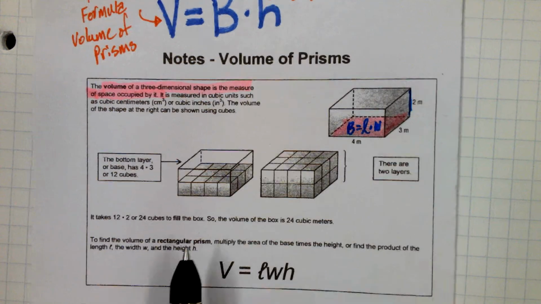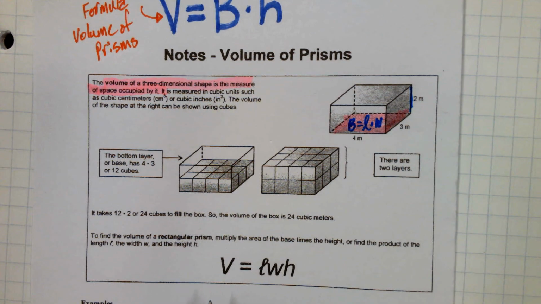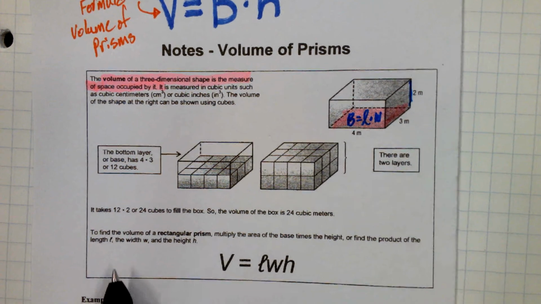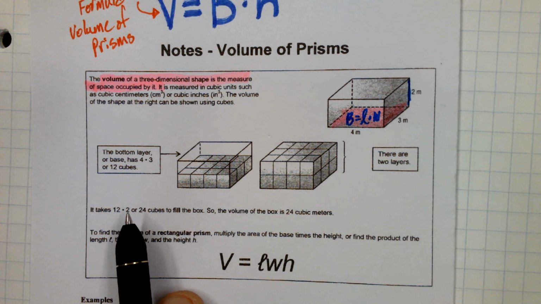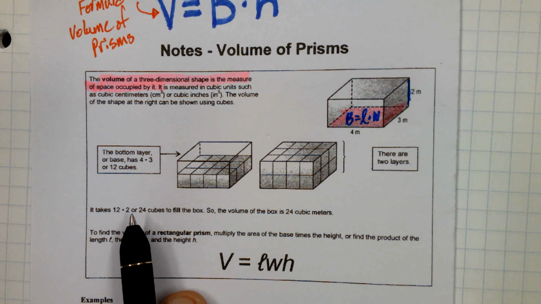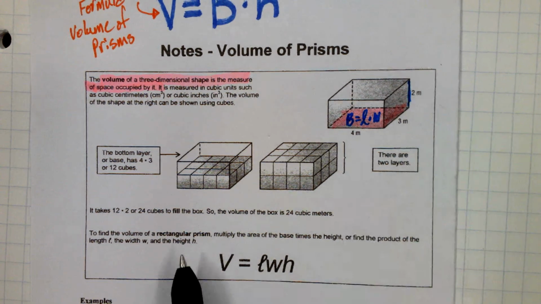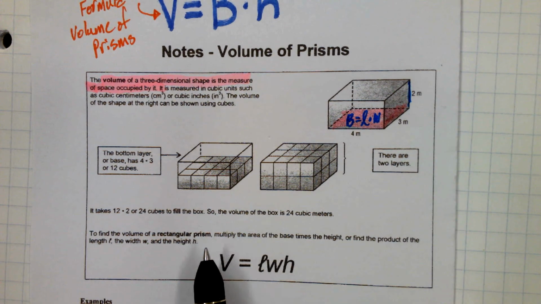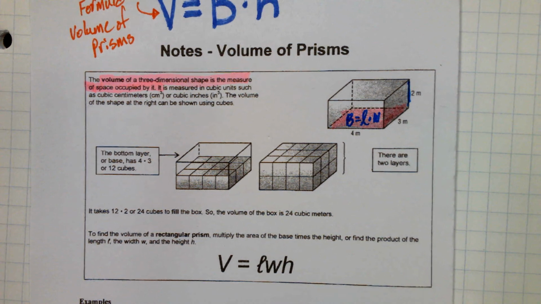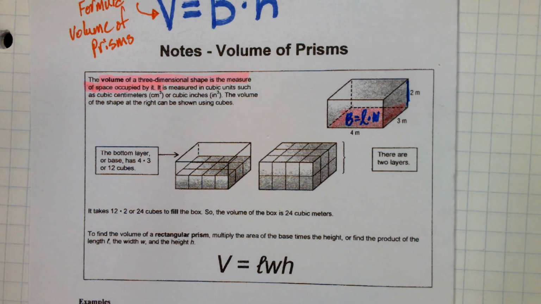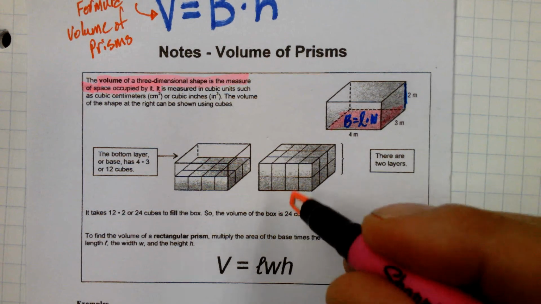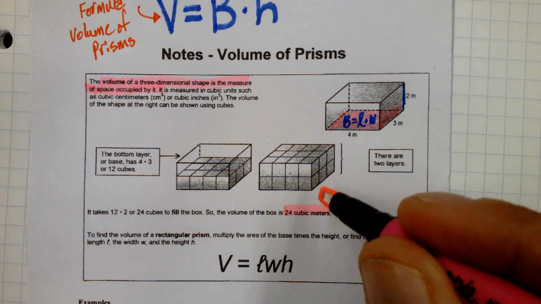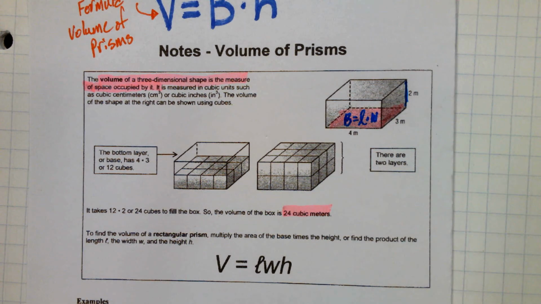And that's what they're illustrating here. You multiply 4 times 3, that's going to give us 12. And then you multiply the 12 times 2, which is the height. That would basically tell us it's 2 layers. And that would be 24. And the answer would be 24 cubic meters, because we have 24 cubes.